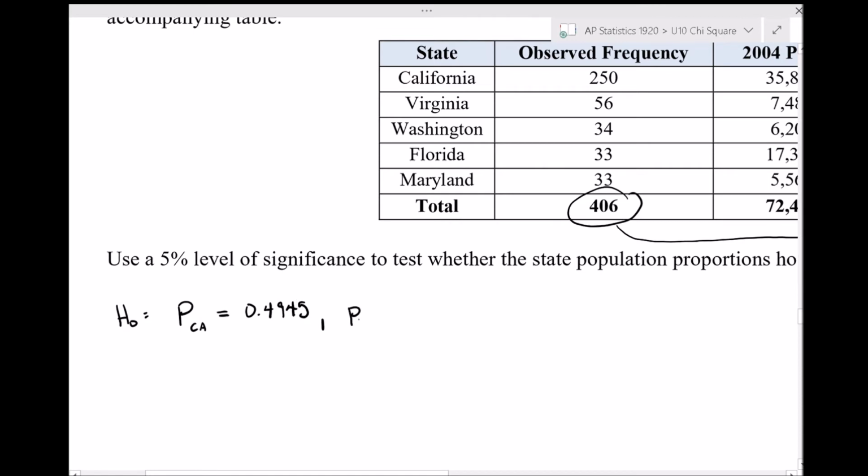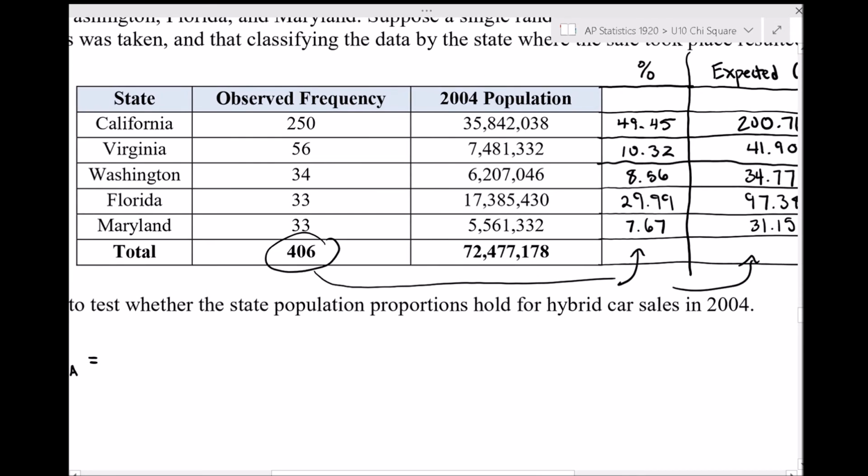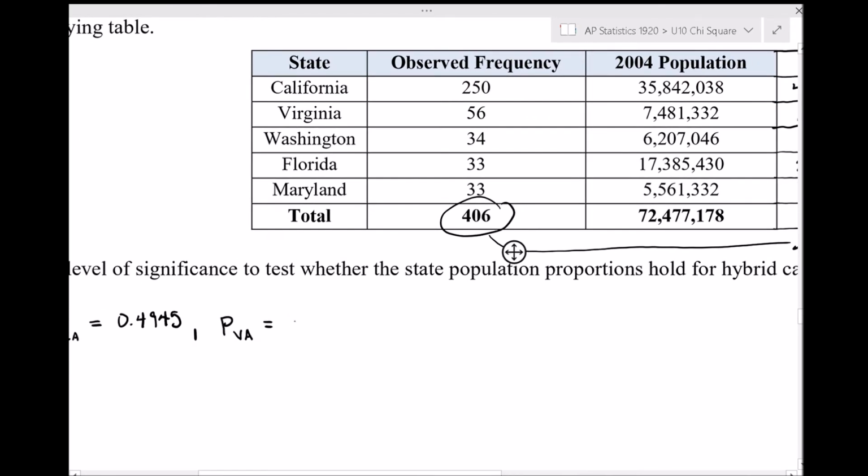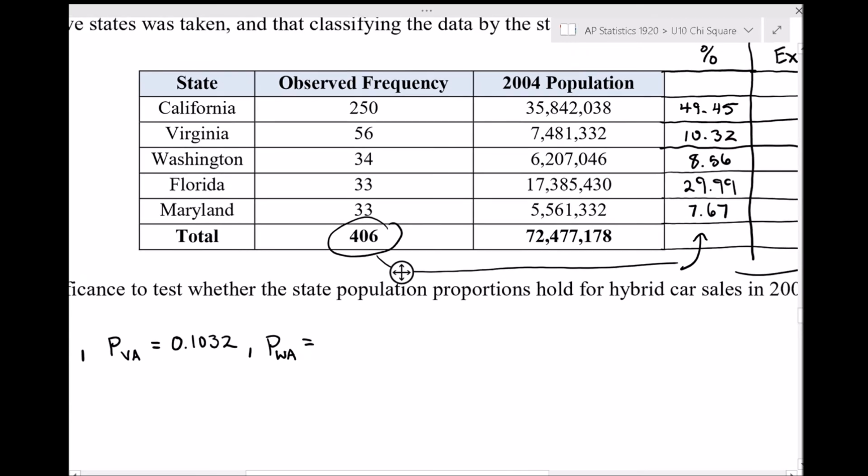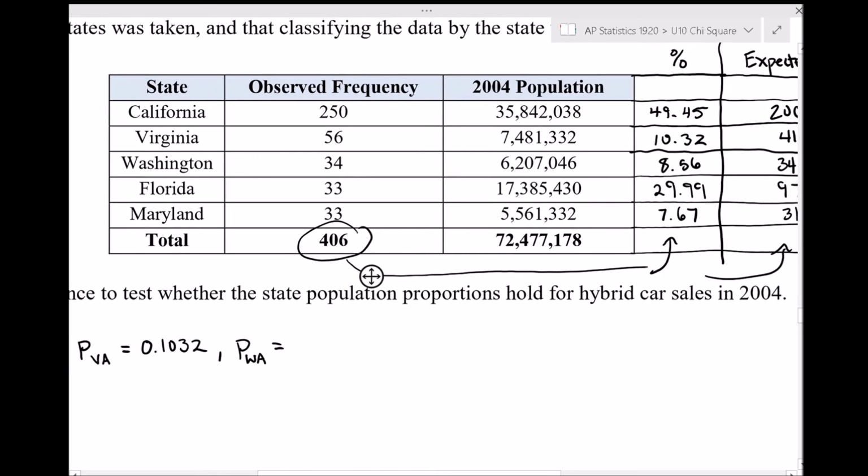The proportion for Virginia, VA, is 0.1032, and I'm changing these to proportions. The proportion for Washington, WA, is 0.0856.